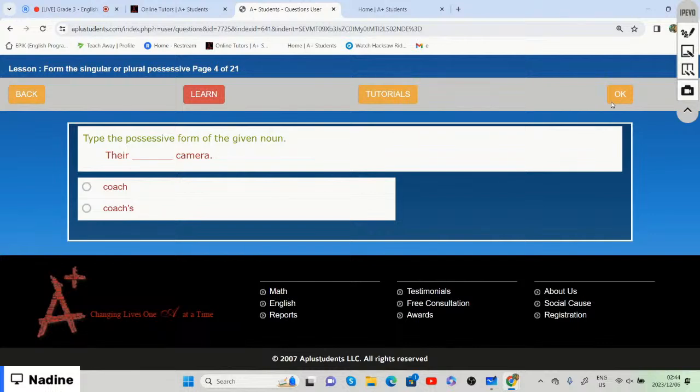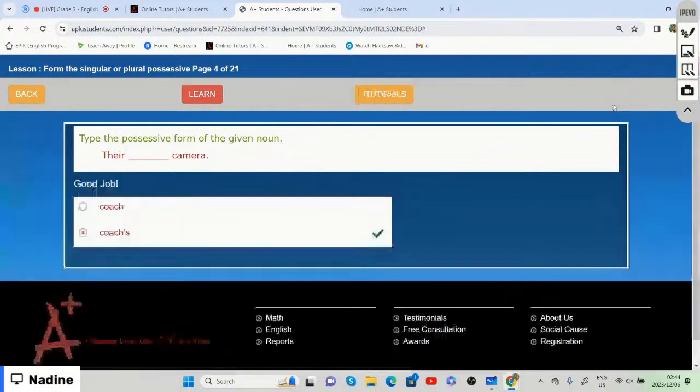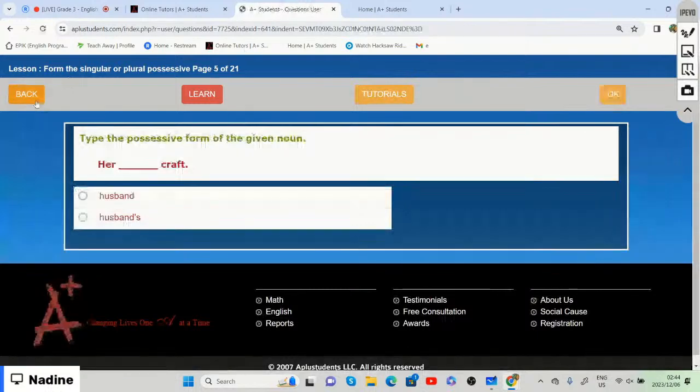So we are going with the coach's camera. And that is the second option, coach's camera, because it means that it belongs to the coach.